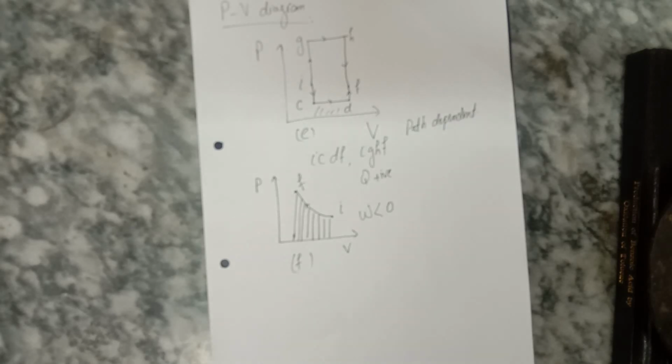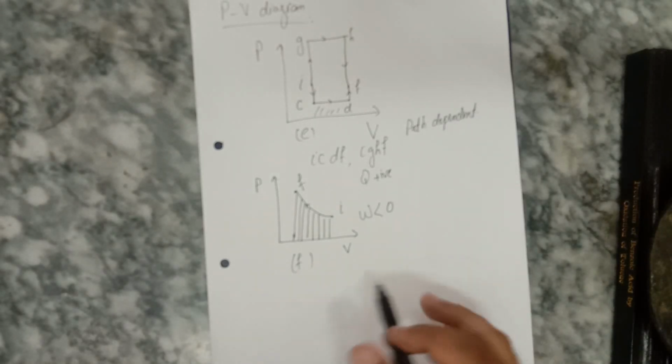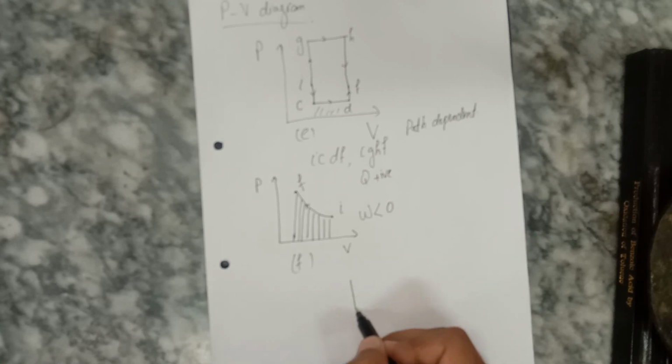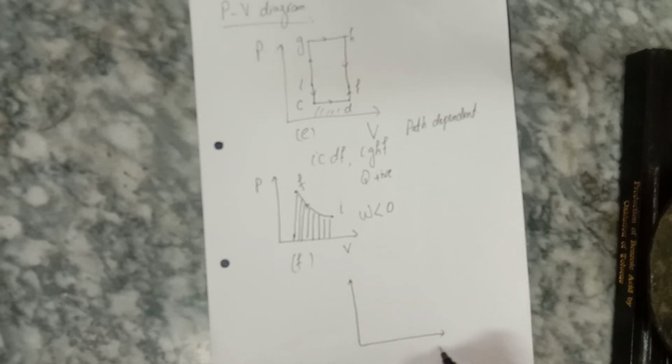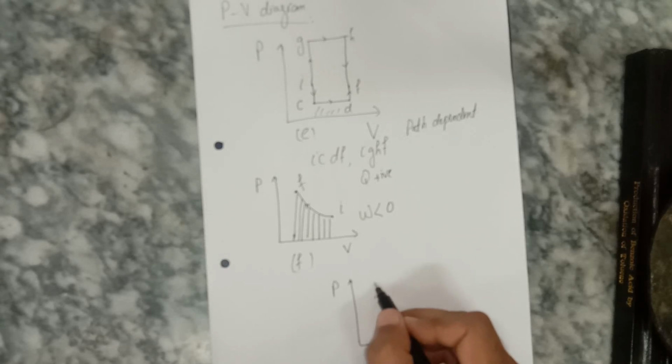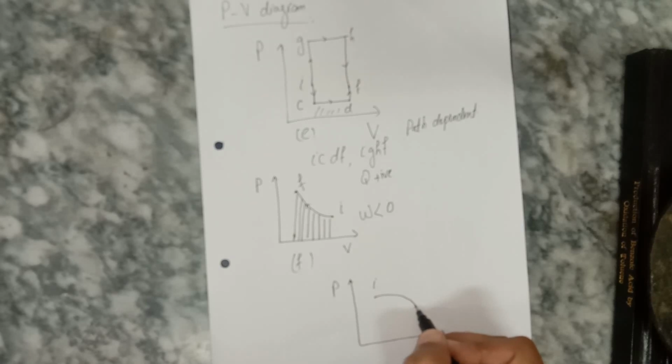Now the last PV diagram to show you is of a cyclic process. Volume, pressure, cyclic process. You start from a point, let's say this is my initial point and this is my final point, and you come back to the same point. This is a cyclic process.